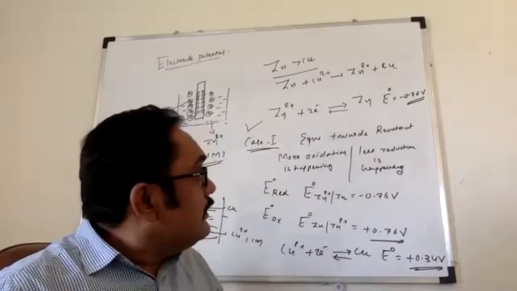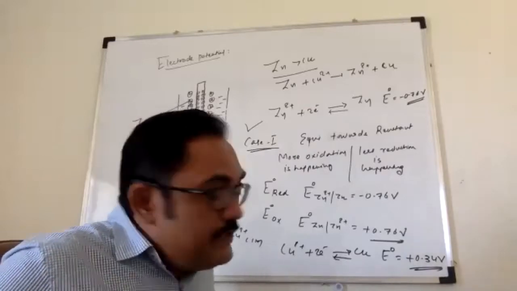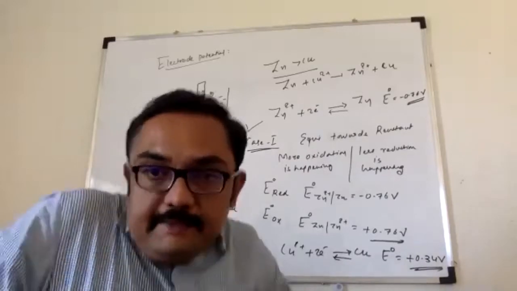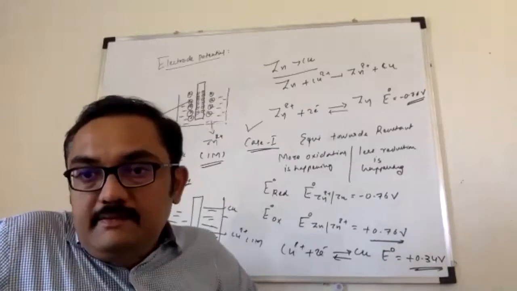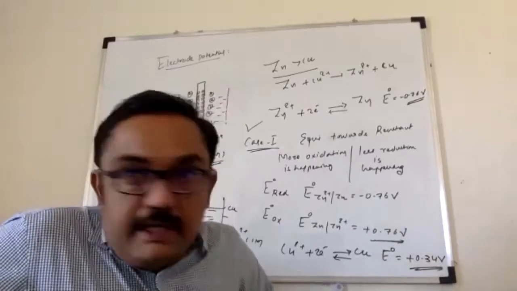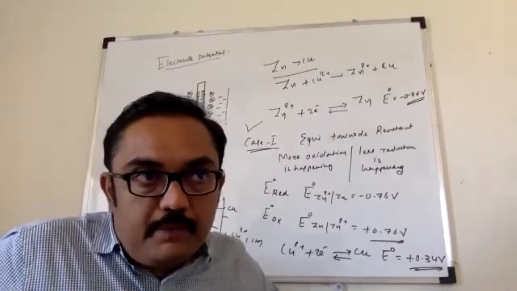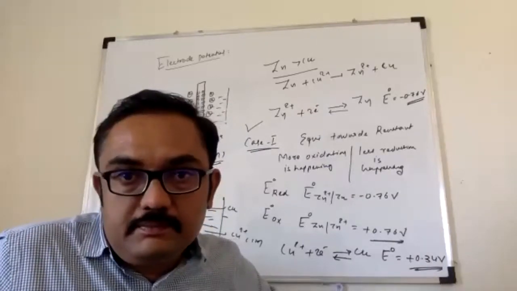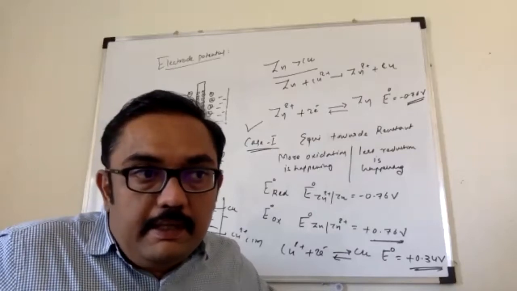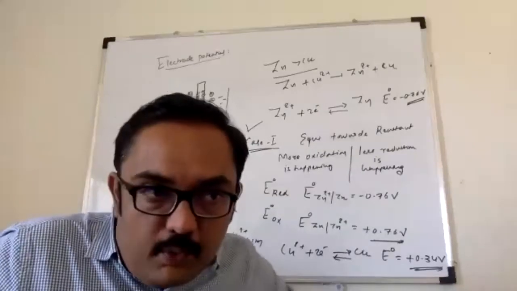Understood? Now, my next question: if any half cell has a standard reduction potential that is negative, what does it mean?